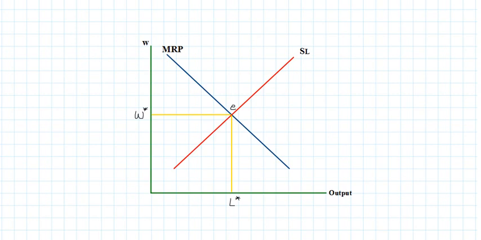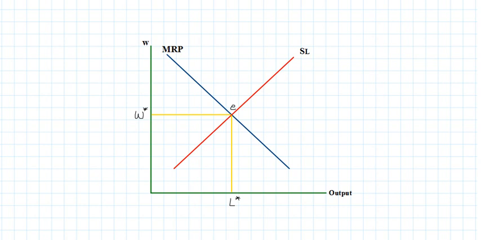So for equilibrium, we need to comment on the supply curve of labor. Because in this particular scenario, the input market is perfectly competitive, the supply curve of labor would remain positively sloped. So when we bring together the demand curve of labor as given by the MRPL curve and the supply curve of labor as given by the SL curve, and we note the point of intersection, we will be able to derive the equilibrium in such markets.